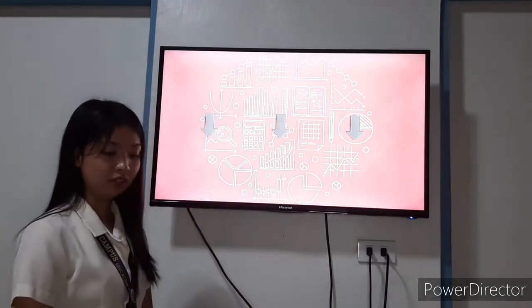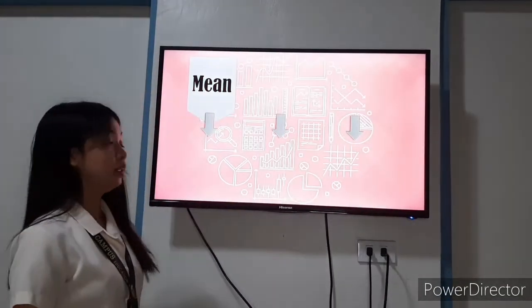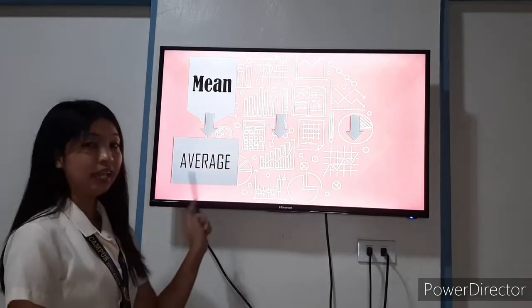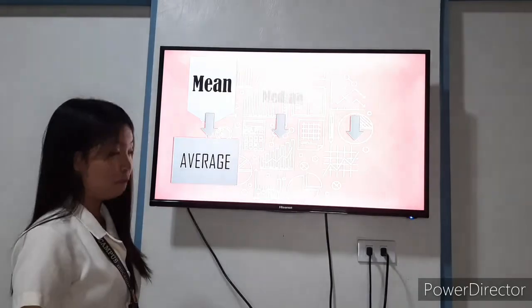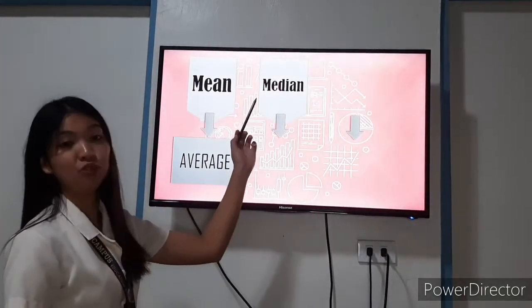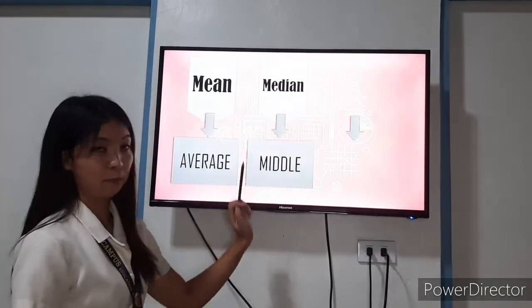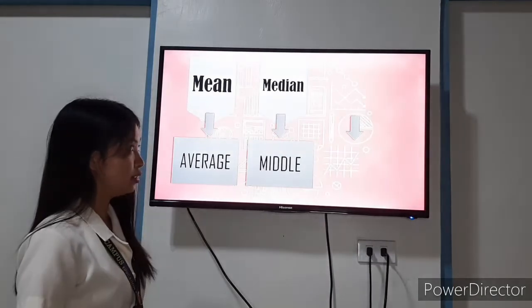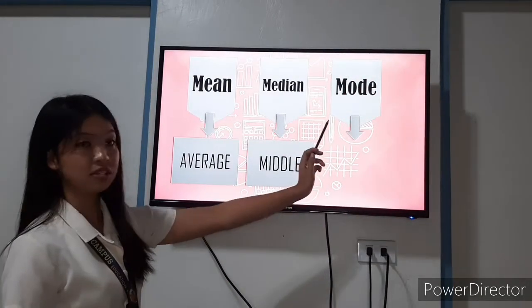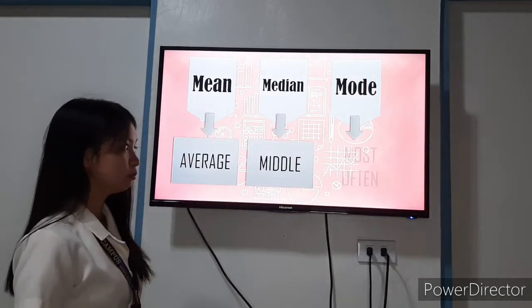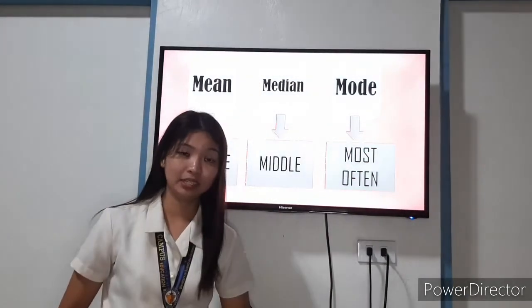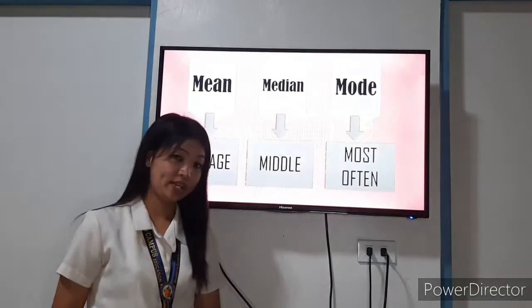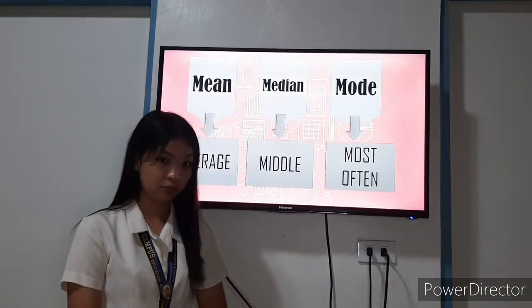We have the mean, which is the average. Next is the median, from the word median, which means mid or middle. The last one, the mode, is the most often. It is the number of data that appears twice or more.